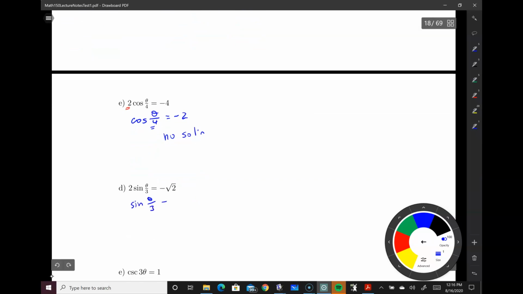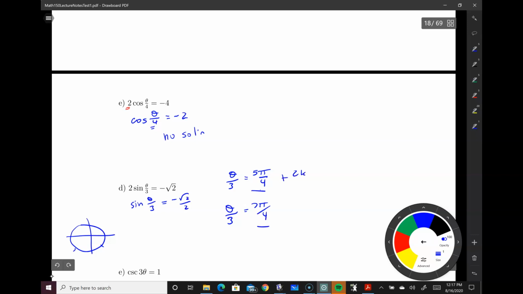All right, so similar here. This one will be able to go further. So I'll have -√2 over 2. So I'm thinking on my unit circle where the sine, the y value of the ordered pair, is -√2 over 2. So I know that this angle theta over 3 has got to be 5 pi over 4, or this angle here has to be 7 pi over 4. So you need to write them separately like this.